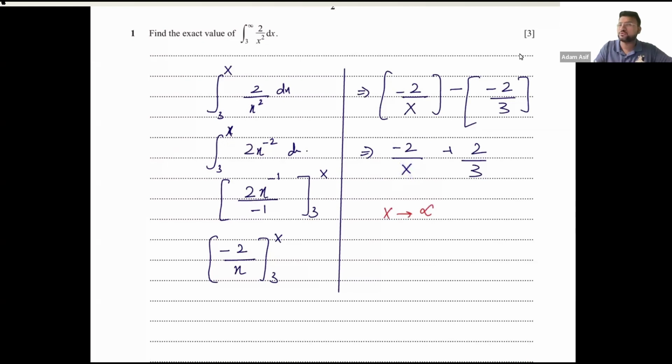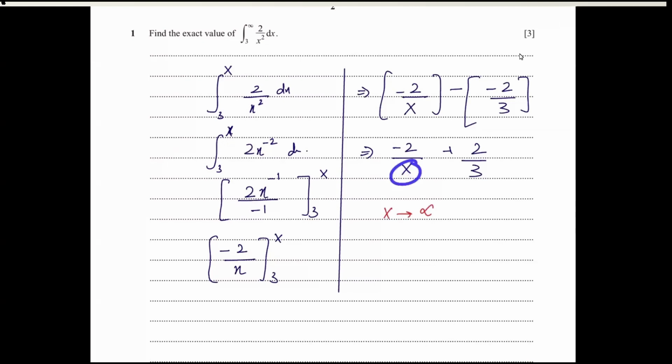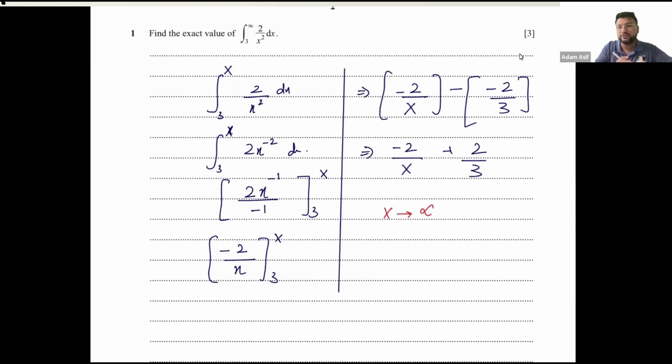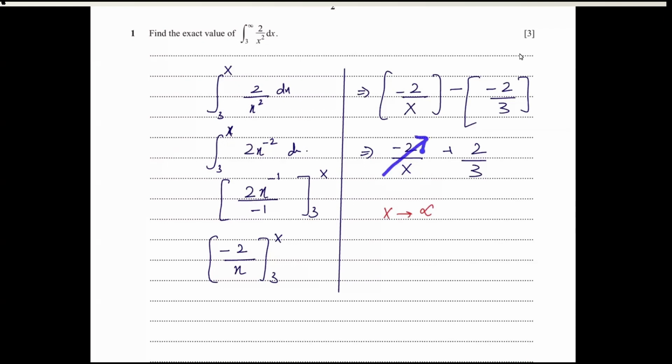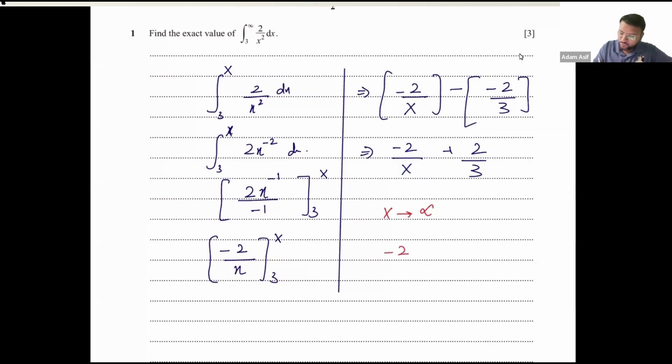When the denominator approaches an infinitely large value, the fraction becomes smaller and smaller, and the value is going to tend towards 0. So minus 2 upon x will tend towards 0. So what's the final answer going to be? If this becomes 0, then the final answer is going to be a finite value, that is 2 upon 3. Please note down the working.